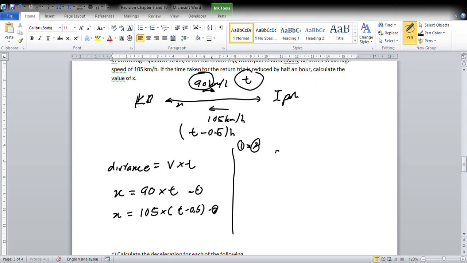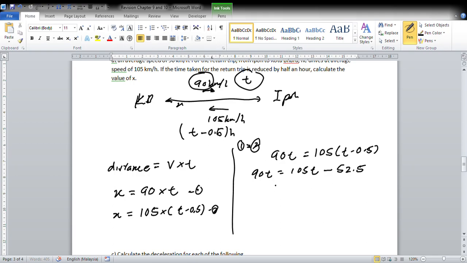So you have 90t equals 105 times t minus 0.5. Put the bracket first, then solve the equation. 90t equals 105t minus 52.5, because 105 times 0.5 gives 52.5.